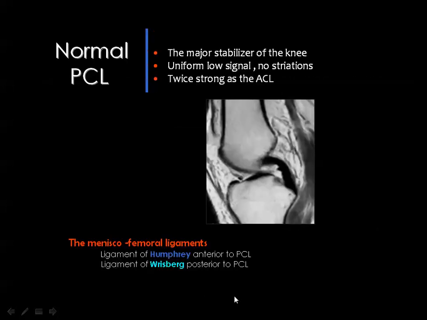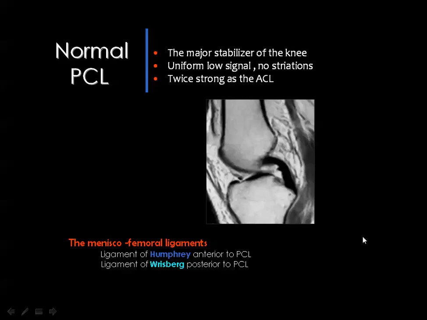Then when to consider these signals abnormal? Whenever you see abnormal configuration of the ligament, such as swelling and abnormal parenchymal signal, which should be increased, then you start to consider these abnormalities as belonging to the original disease of the ligament itself.